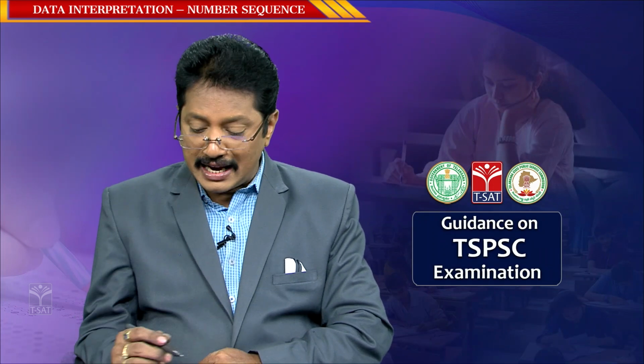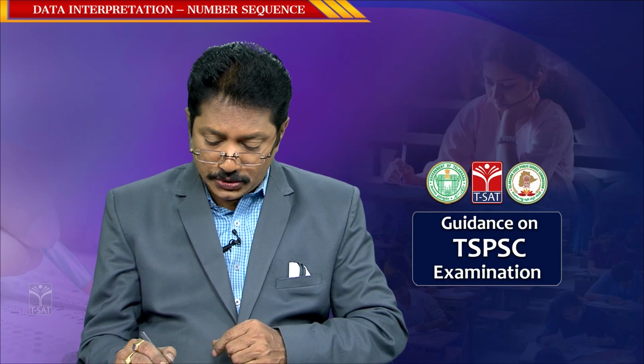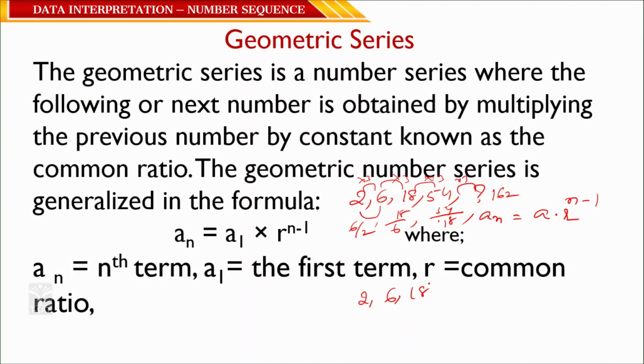Okay. And one more important point: if you take 2, 6, 18, these are in geometric progression, or GP. 6 squared is 36, which equals 2 times 18, correct? So, if A, B, C are 3 numbers which are in GP, then B squared equals AC.